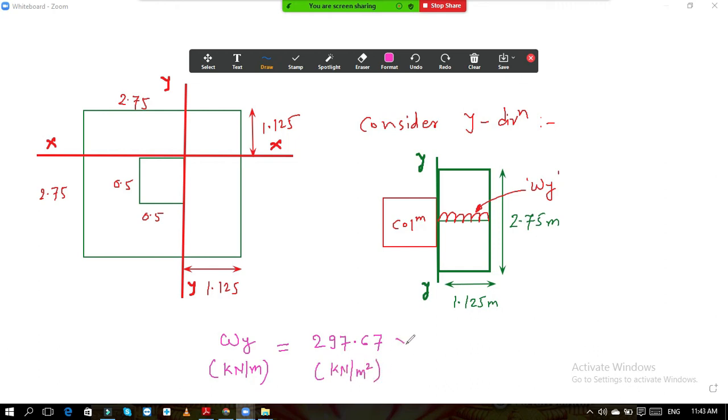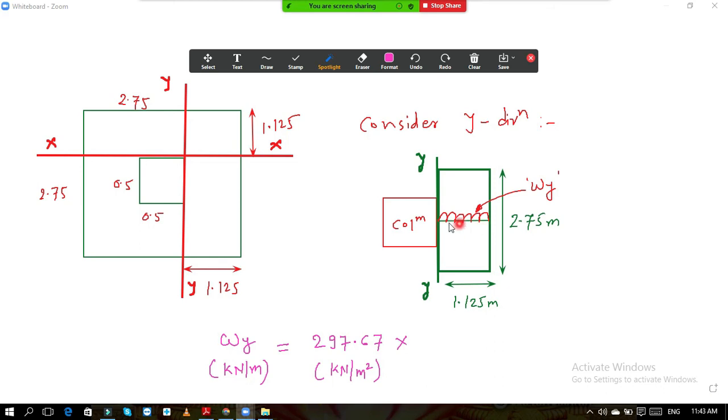Okay, multiply by, now we want UDL along this x-axis so that it can create the moment about y-axis or this y section. So the length parallel to it we have to leave out. This length is horizontal.